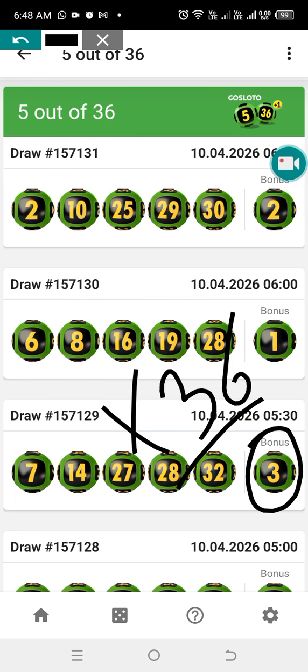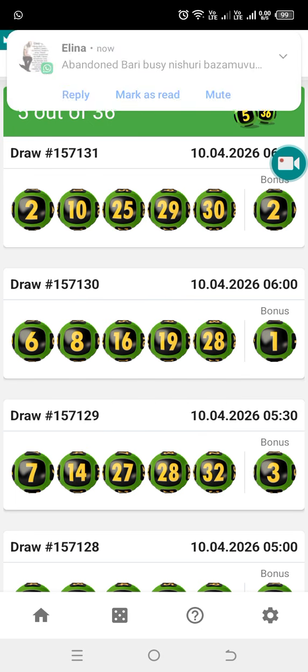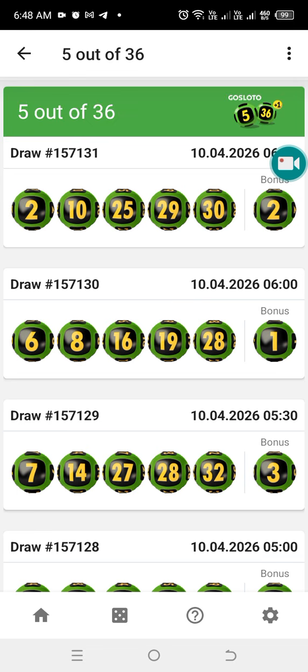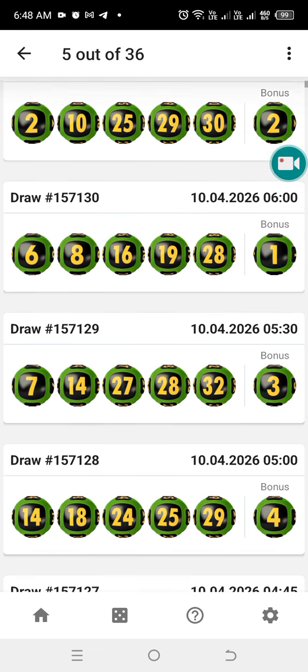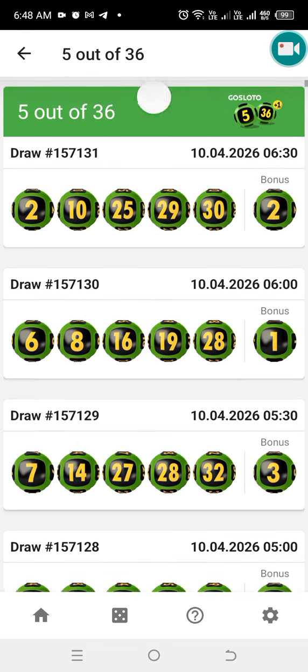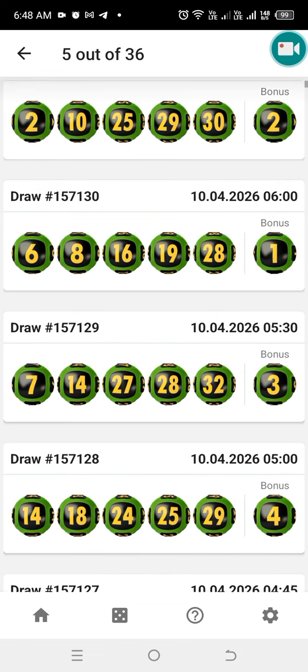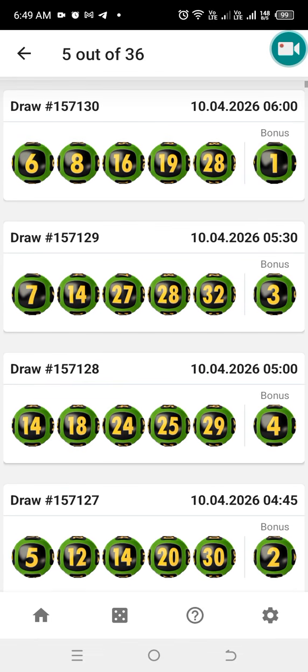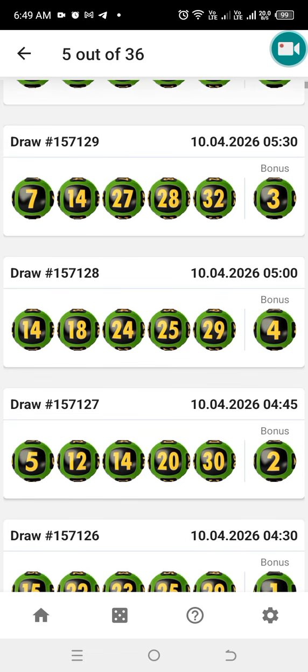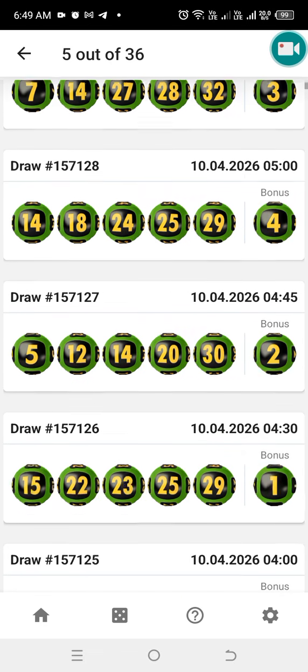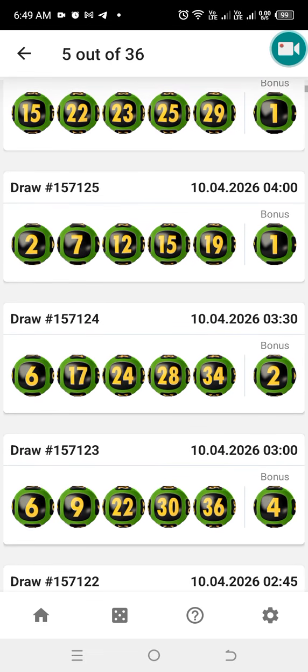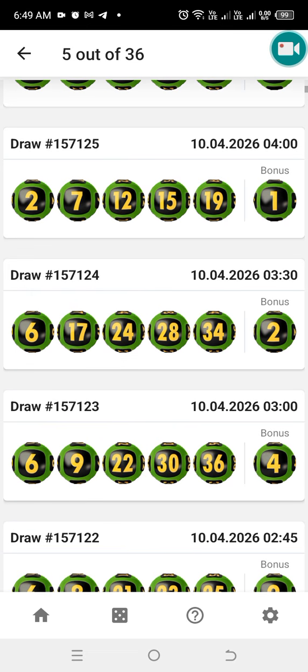For example, you take bonus 2 multiplied by 36, it's going to be 72.